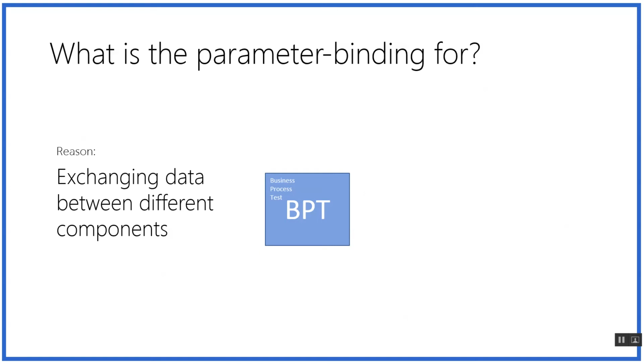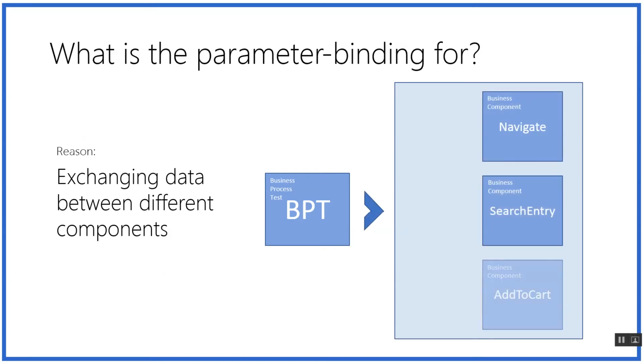The same thing we have in a business process test. For example, you want to navigate to a specific page. So you have your navigate component, and as I said in the last video, it's useful to make components like this so that you can use them multiple times. It doesn't make sense to make a navigate component that always navigates to the same page.